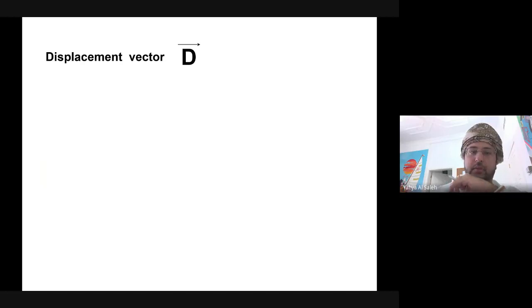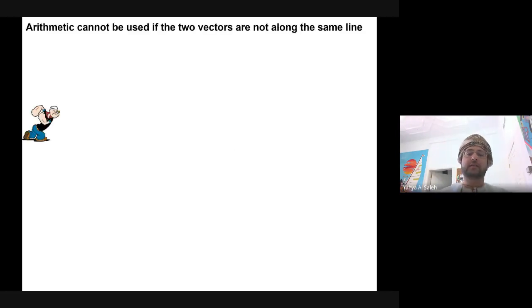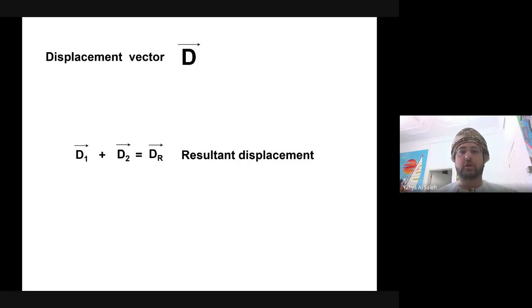Right. So we looked at the displacement. We spoke about displacement before, and today we define it as a vector. Displacement is a vector, and this is why we treat it in a different way than distance.